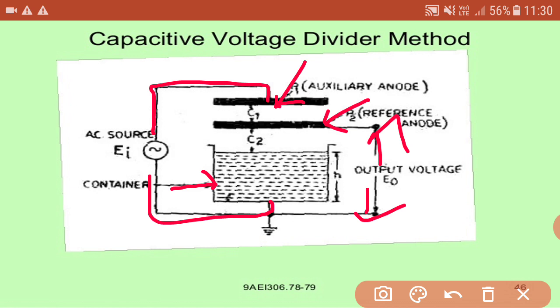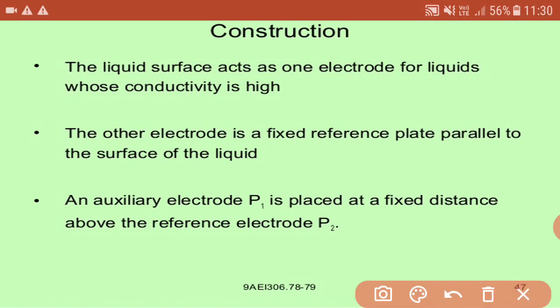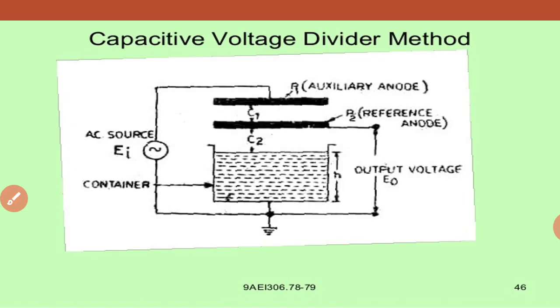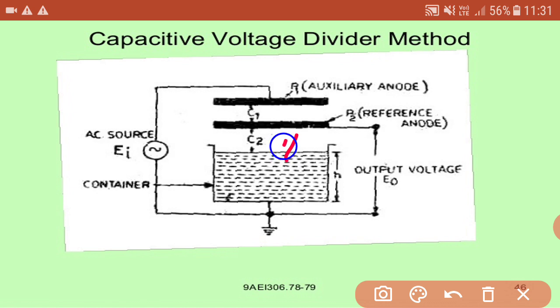Now we will see in some detail how it works. First we will see the construction. The liquid surface acts as one electrode for liquids whose conductivity is high. So here we can see the liquid level, and this level is considered as one plate.